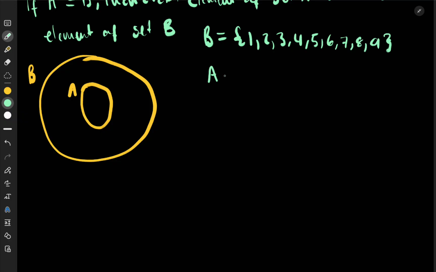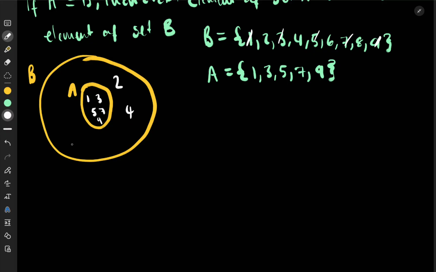Then you have your set A being the odd numbers 1, 3, 5, 7, 9. Set A would be 1, 3, 5, 7, 9. And what about set B? You put the same things, but 1, 3, 5, 7, 9 are out. So we would be left with 2, 4, 6, and 8.